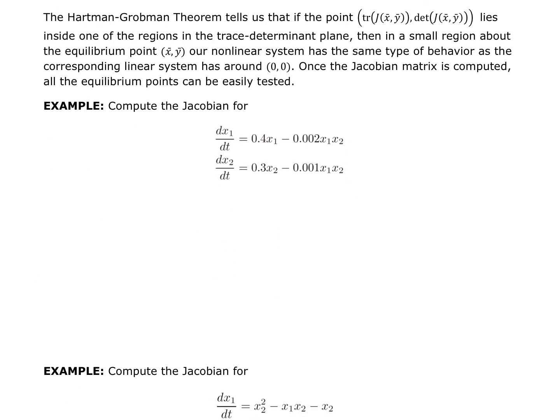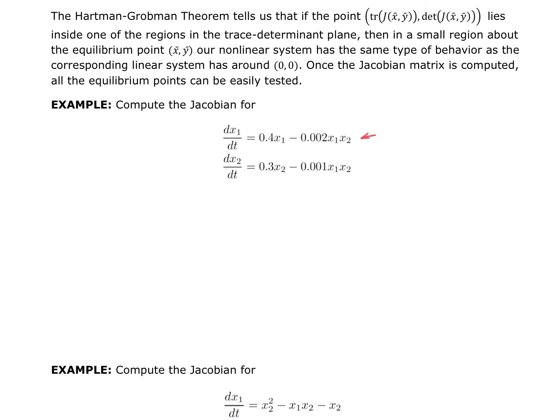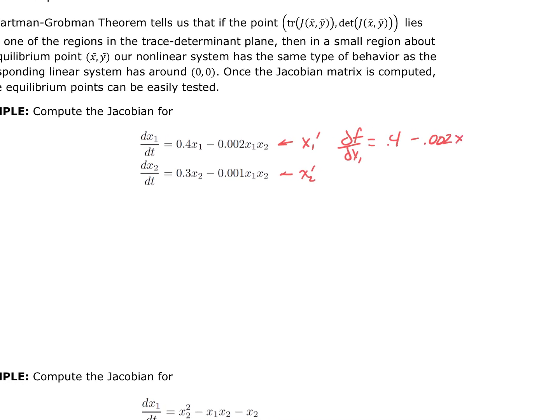So here's an example. Compute the Jacobian. If this first equation is x sub 1 prime, and x sub 2 prime is that second equation, then my partial derivative of f, which is the first equation, with respect to x sub 1 is going to be equal to 0.4 minus 0.002 x sub 2.